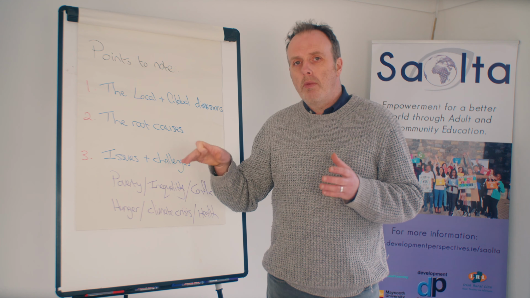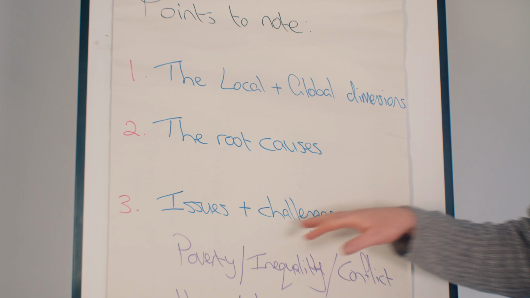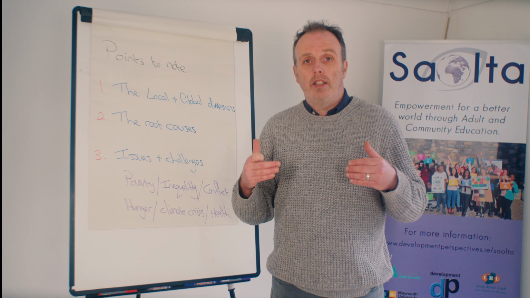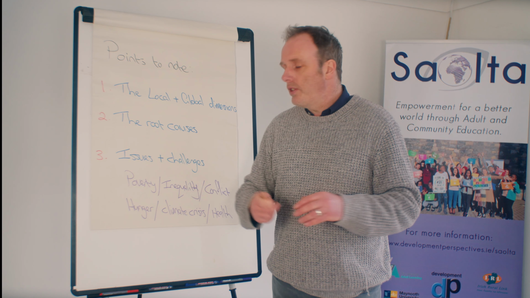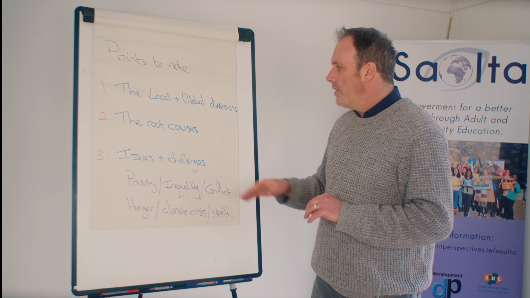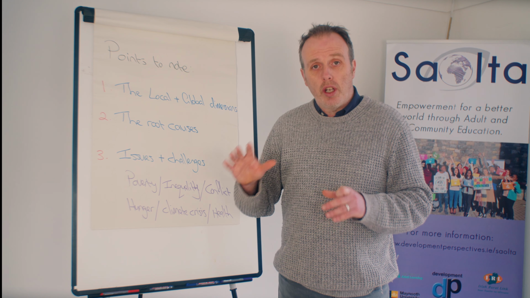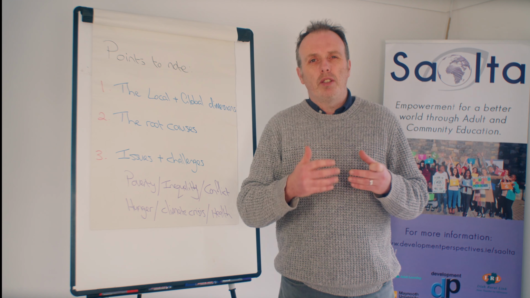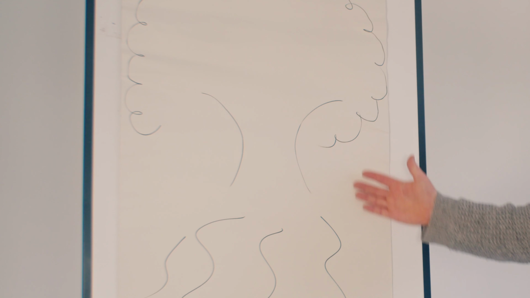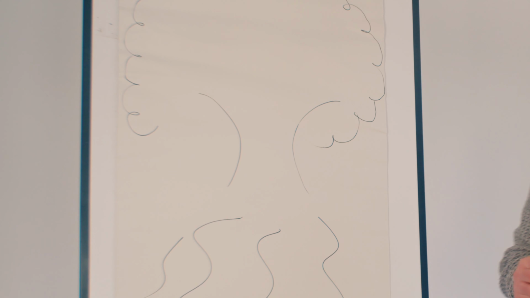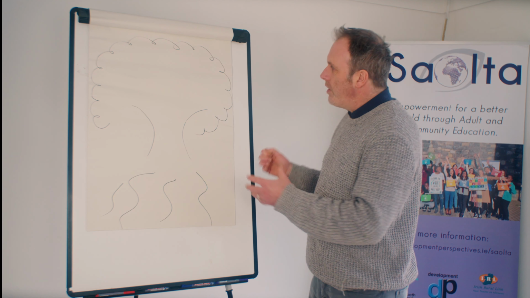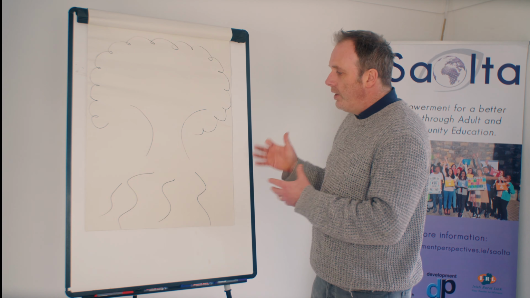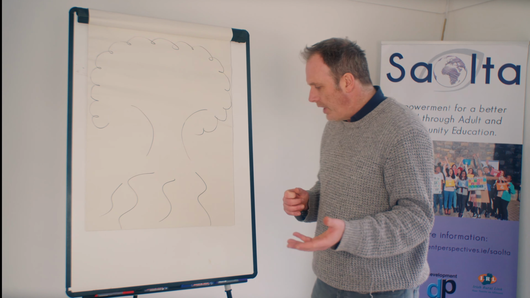The second point to note is that we must look at what's causing the issues and challenges that our communities face, both in Ireland and with partners in countries across the world. And there's a particular graphic that I'd like to show you to illustrate the root causes and how we begin to approach that. This is known as a problem tree analysis, and it's a very useful visual aid to help with adult and community education.